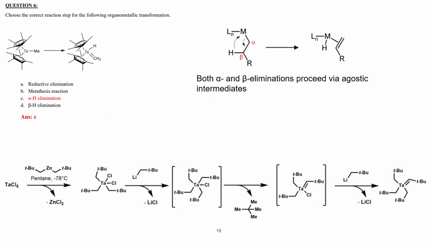So coming to these, you want to know what is the type of this particular reaction with tantalum, this methyl and CP star. So methyl CP star, this particular thing to this. So you want to know the name of the process that is happening for that.